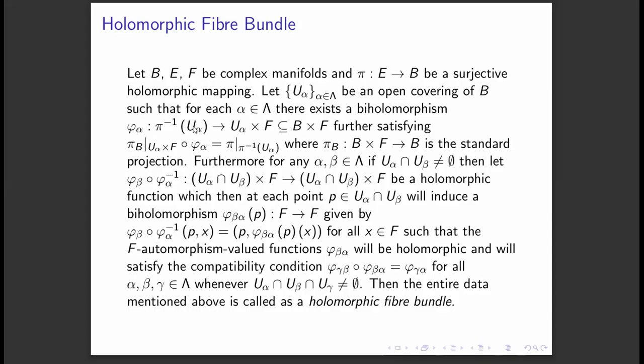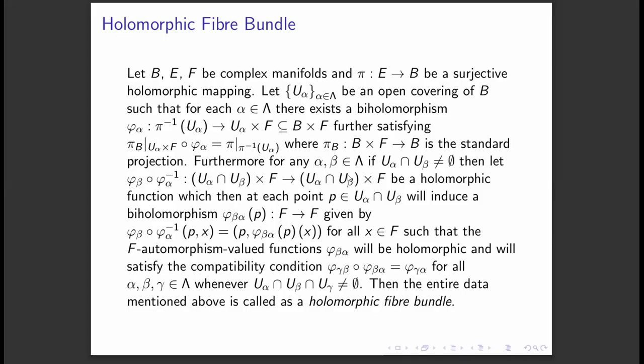Then these local trivializations satisfy one more property, namely that it looks like the standard projection map onto the base space. Here π subscript B is the standard projection map. If you compose this standard projection map with phi alpha, you get the bundle projection π. This additional property has to be satisfied. Then these phi alpha are called local trivializations of the bundle.